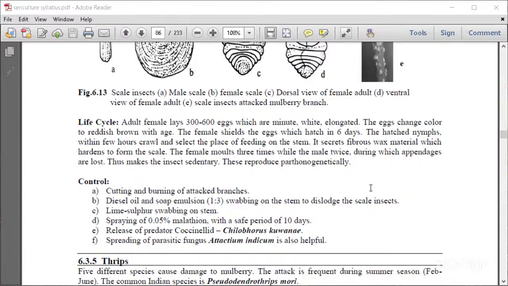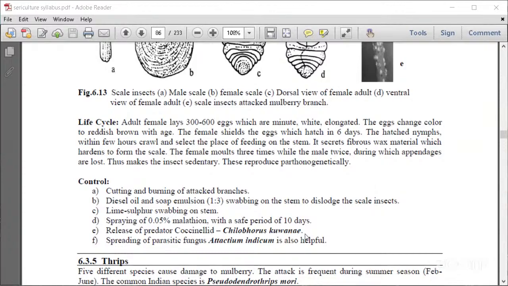For detaching them, we need soap and diesel oil emulsion and lime sulfur swabbing on the stem, spraying 0.05% malathion with a safe period of 10 days, and release of the predator Chilocorus cacti, and spreading of the parasitic fungus Atractium indicum is also helpful.